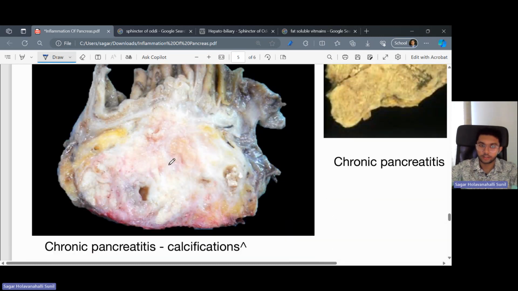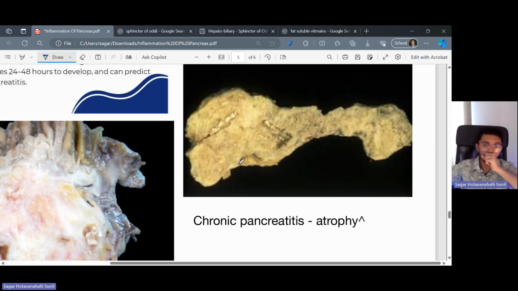Here you can see chronic pancreatitis. There's typically fibrosis. The pancreas becomes small. It's surrounded by fat, which then undergoes calcification. You can see a lot of calcification here, and you can see that the pancreas has become atrophic.